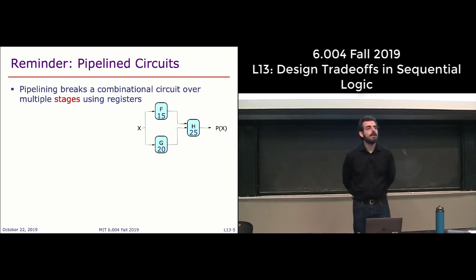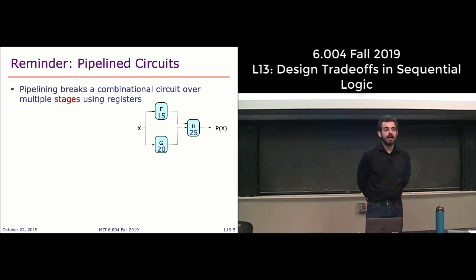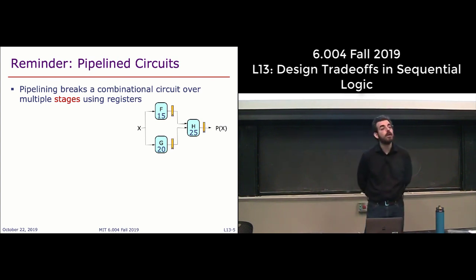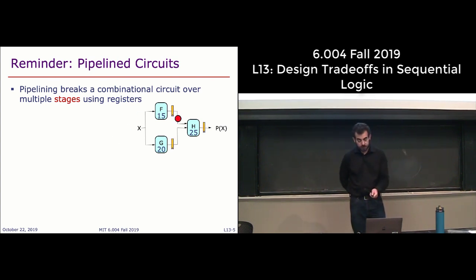And so what pipelining does is it breaks a combinational chunk of logic over multiple pipeline stages separated with registers. So here, if we have these registers separating the outputs of F and G and the inputs of H, and then separating the output of H, what we've done is we've created a 2-stage pipeline. We call this the first stage and this the second stage.